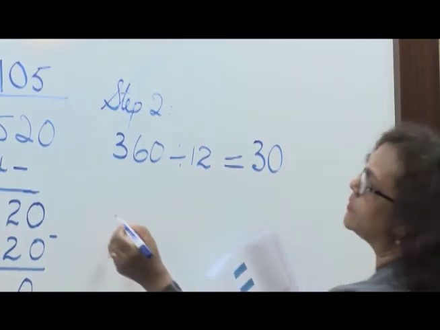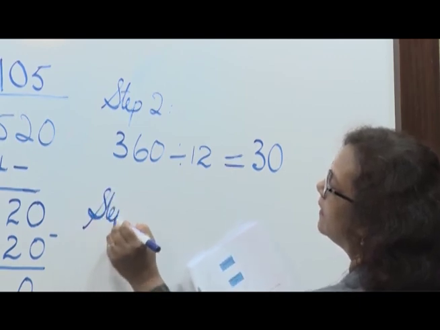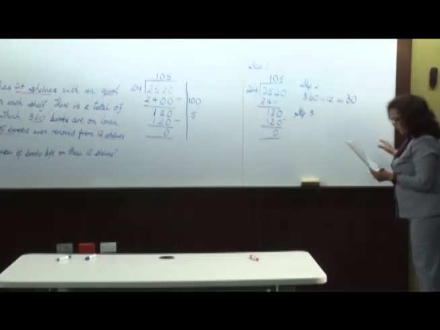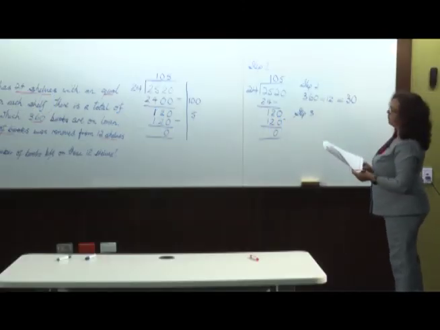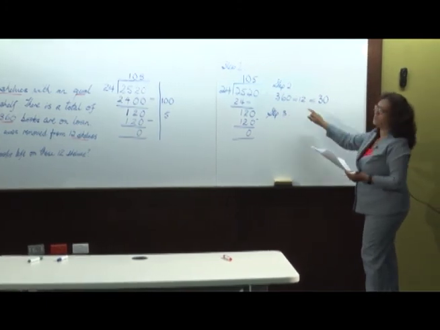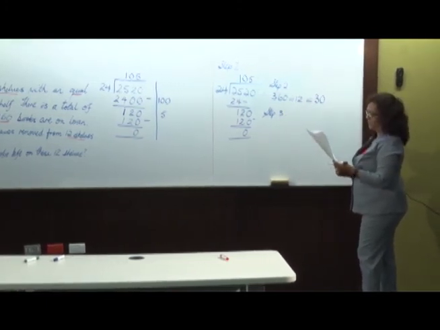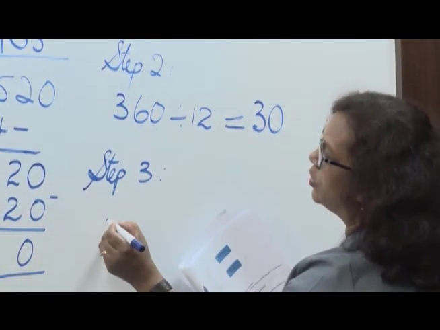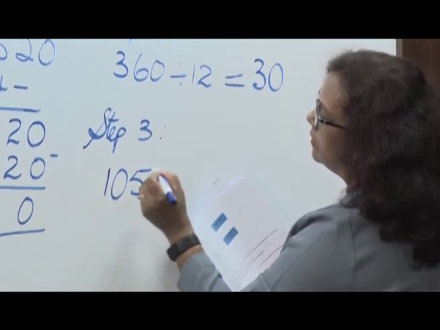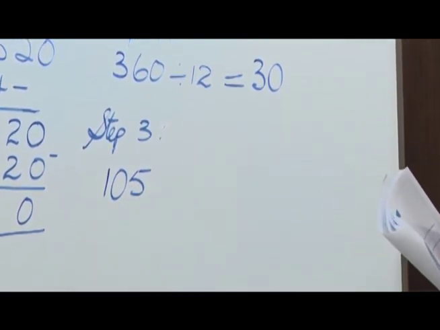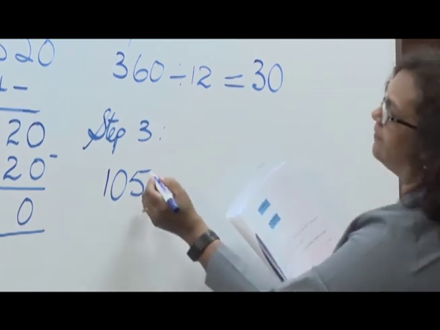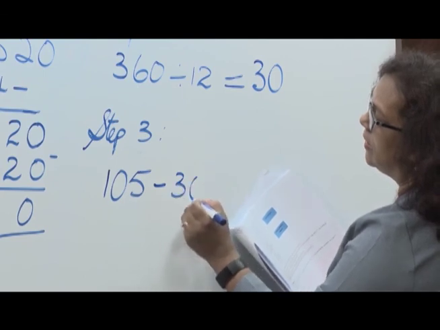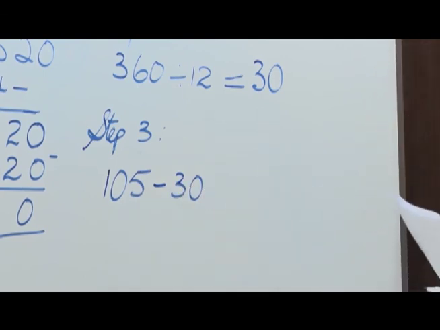Our step 3 of this problem is to find out the number of books that remain on each of these 12 shelves. And again, that's another very simple step. We know that there are 105 books on each shelf even before books are given out on loan, and 30 are now removed from each of the 12 shelves.